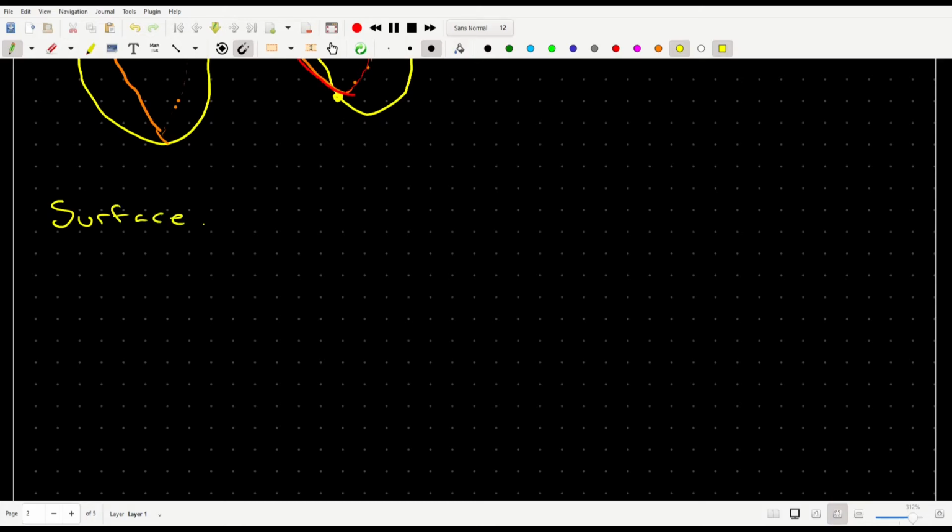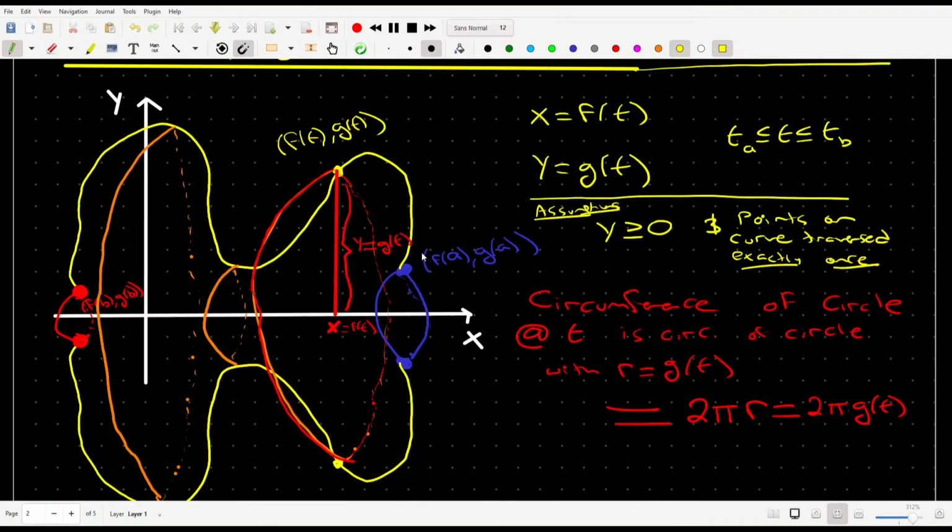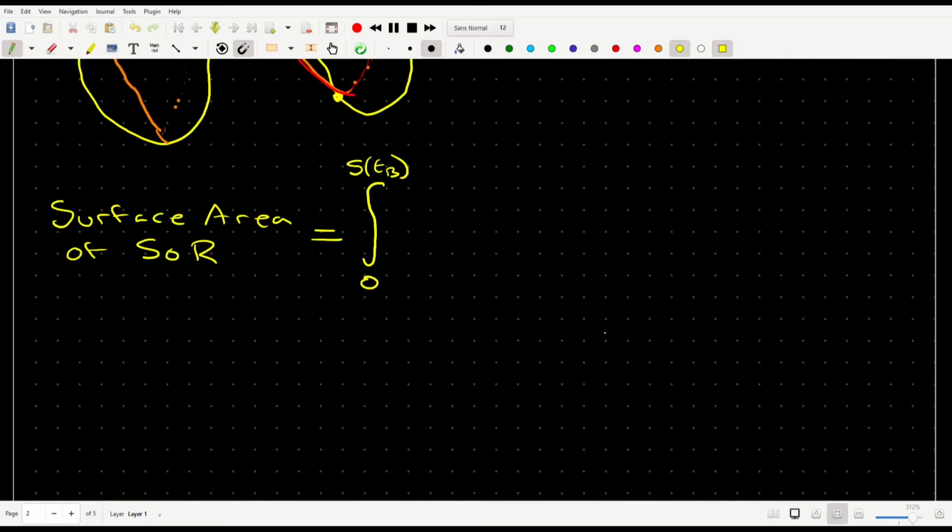And so the value that we want, the surface area of the surface of revolution, is going to be the definite integral from 0 to s at tb, which is just the arc length we've traversed from this point to this point.